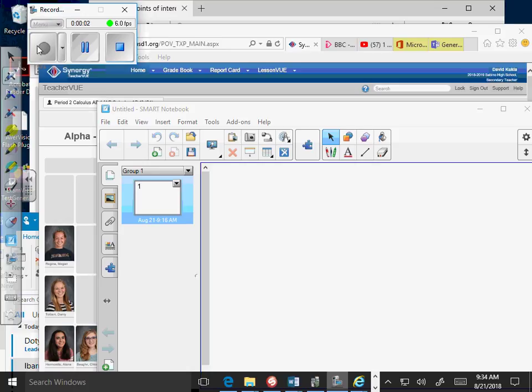On the problems of the day? $24. Is that the one that says find the inverse of this rational function?